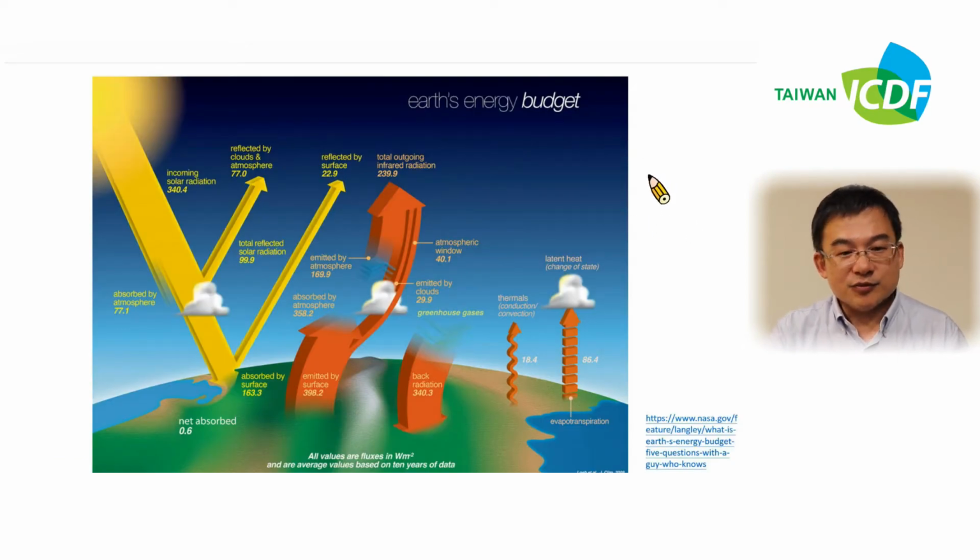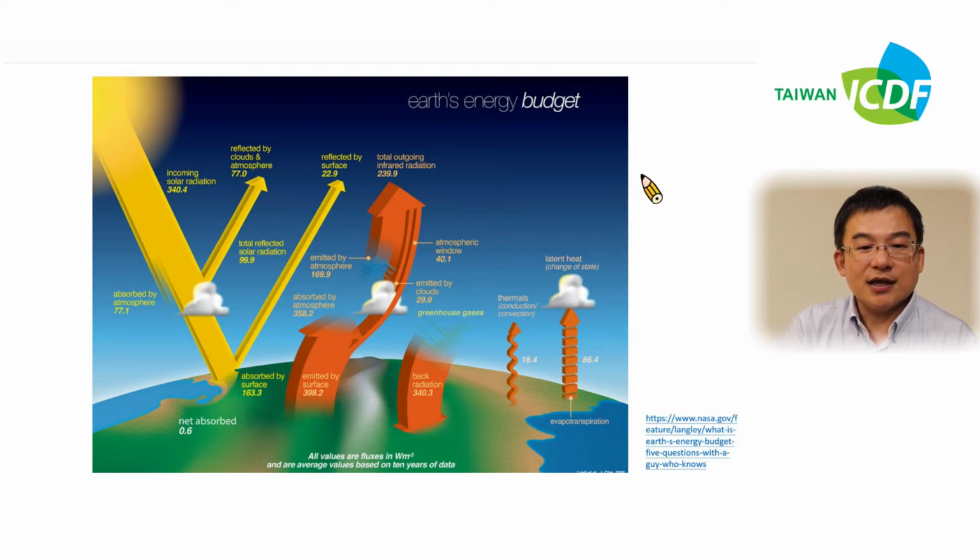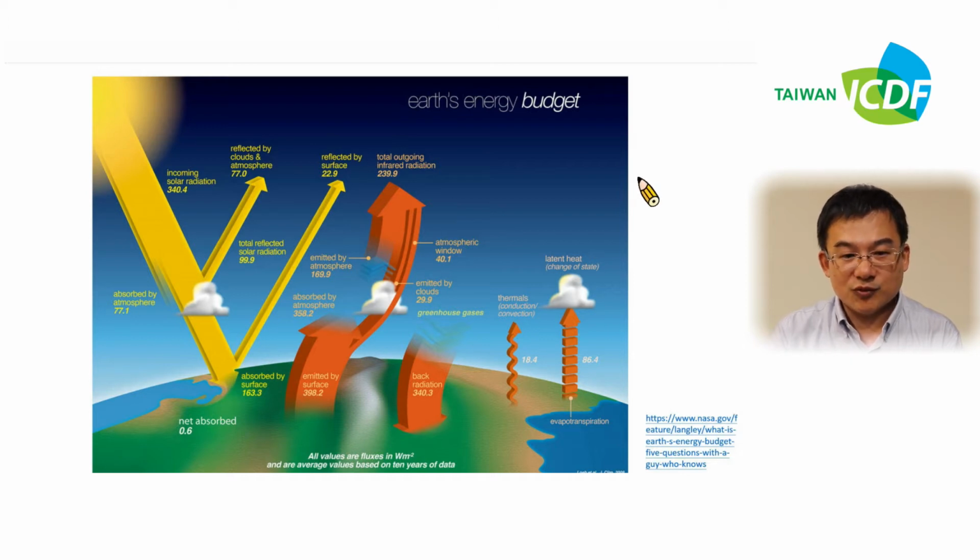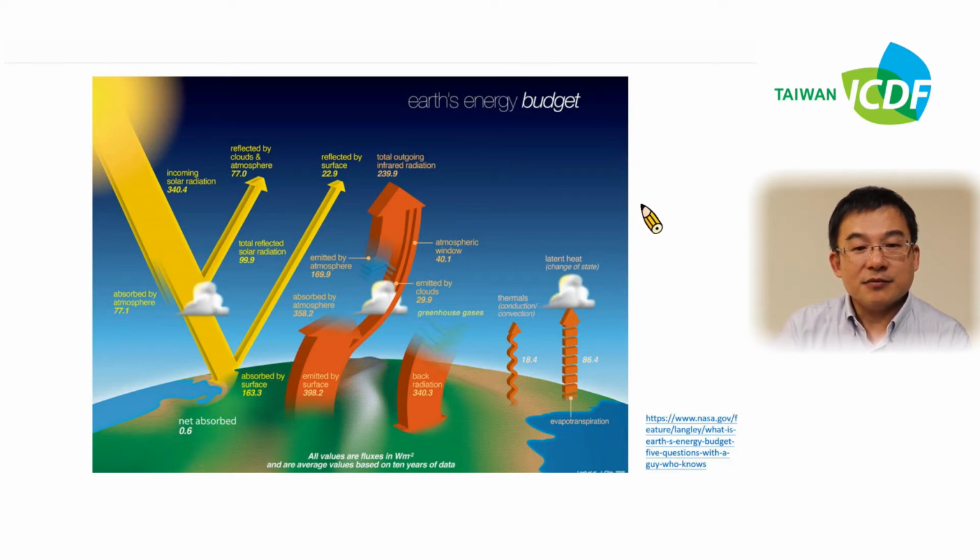The sun's energy delivered to the Earth every day is 340 watts per meter square, but more than 30% of the sunlight will be reflected into space, and the Earth will absorb about 163 watts per meter square.